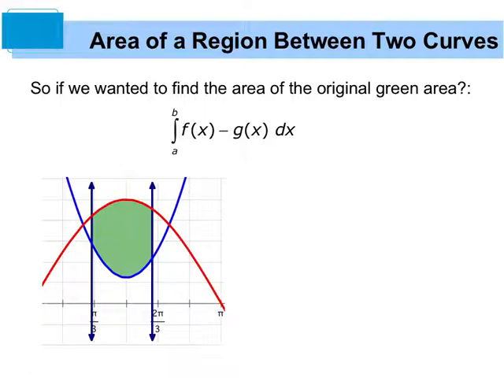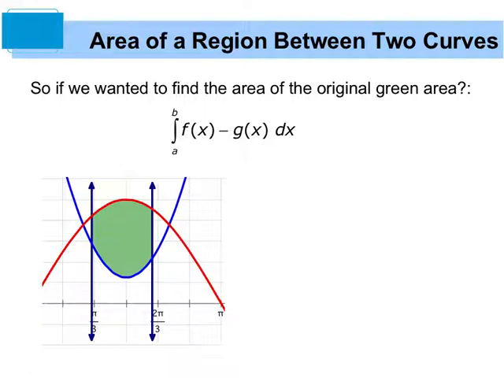Question in the back. Will the other horizontal line always be y equals 0? What other horizontal line? Is it always going to be bounded by the y-axis? It's not bounded by the y-axis. Or the x-axis? It's not bounded by the x-axis.